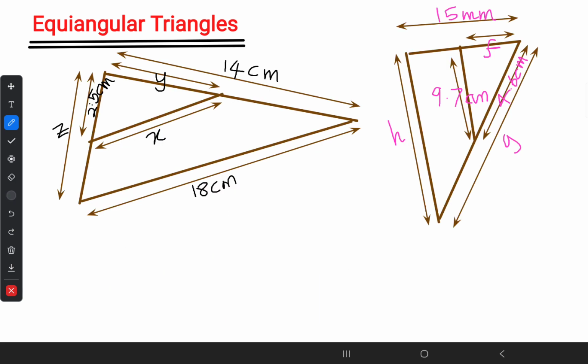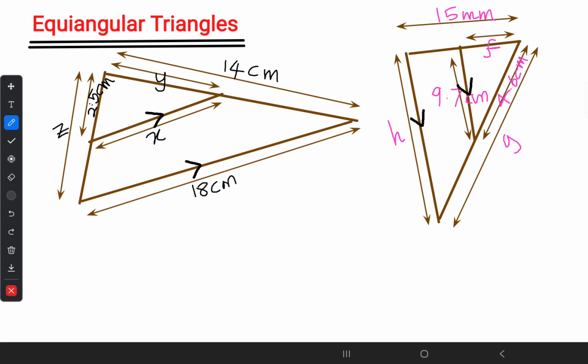The first triangle, this is an equiangular triangle. Look at this. Because it is located in the same slope, inside this, with the same slope. For additional information, I will make it parallel.